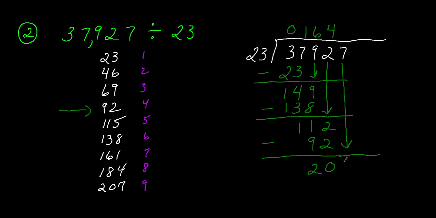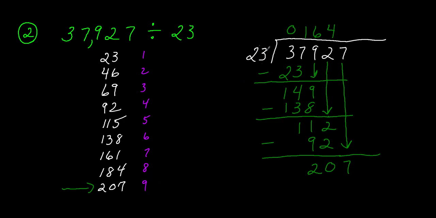Bring down my 7, and I say to myself, okay, is 207 on this list? Yay, it is. It's right here, right? That just tells me that there's exactly 9 23s in 207.